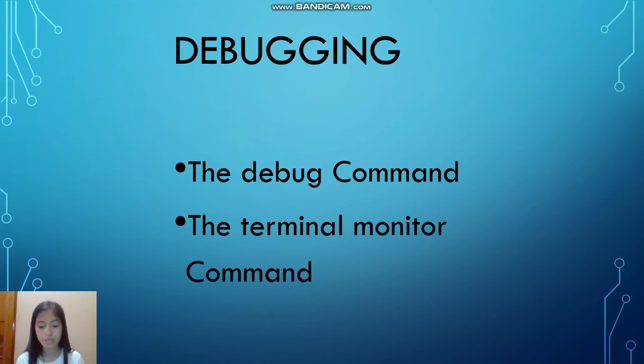The debug command. IOS processes, protocols, mechanisms, and events generate messages to communicate their status. The terminal monitor command. Connections to gain access to the IOS command line interface can be established locally or remotely.